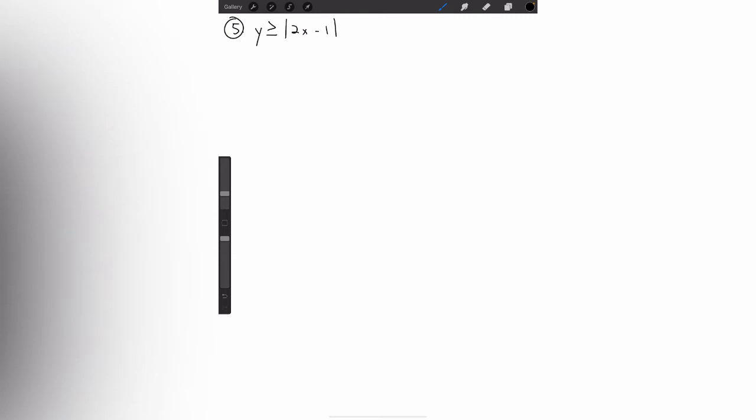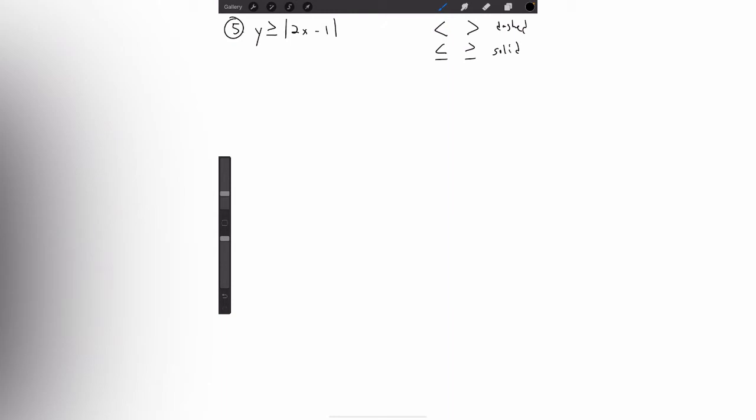Okay, so here's the deal with this problem. We still are going to follow the same exact method of graphing with our dashed and solid lines using the inequality. So, these two still have a dashed line, and these two still have a solid line.